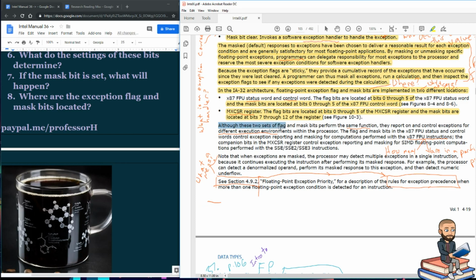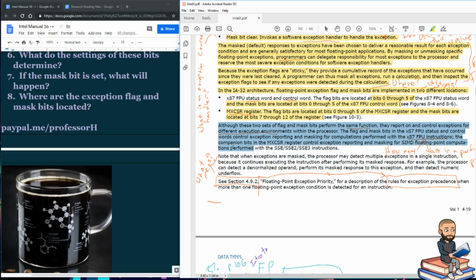Well, although these 2 sets of flag and mask bits perform the same function, they report on and control exceptions for different execution environments within the processor. The flag and mask bits in the x87 FPU status and control words control exception reporting and masking for computations performed with the x87 FPU instructions.